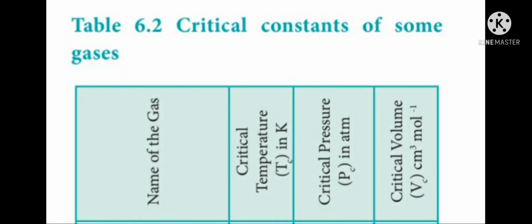Hence, for the above said gases, the critical constant values are given in the tabular column. The critical constants, namely critical temperature, critical pressure and critical volume. Hence, we completed the definition for critical constants and critical constants of some gases.